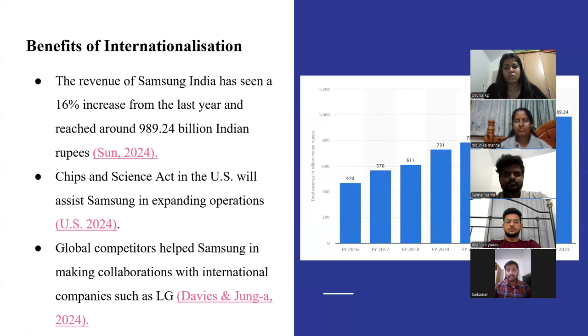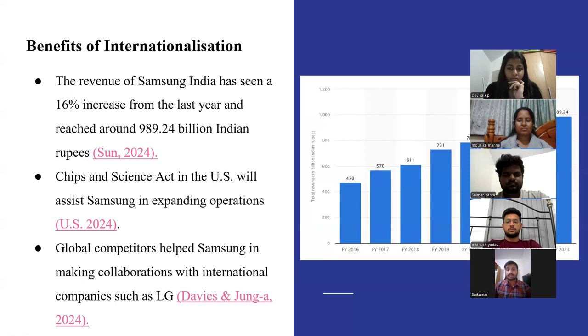In 2018 the average revenue was 611 billion Indian rupees, and in 2019 it was 731 billion Indian rupees. In 2020 the revenue average was 787 billion Indian rupees. Then finally, in 2023, the total increased by 16% to 989.24 billion rupees.